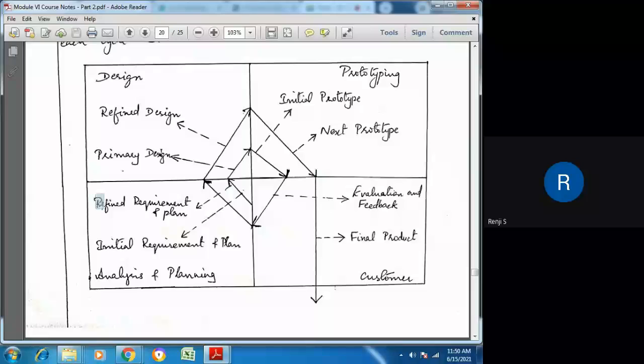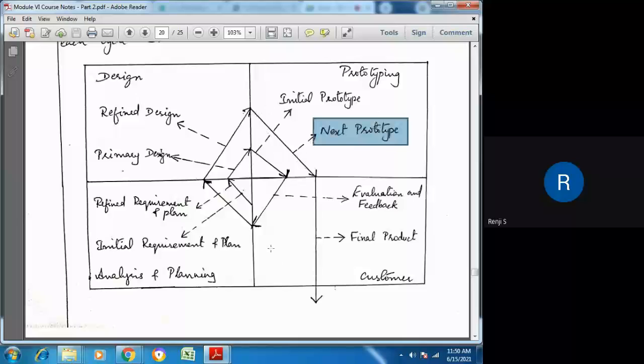After refined requirements and plan, it goes to the next quadrant, and that is refined design. So the next loop is refining the initial part. First is refined requirements and plan, then in the second quadrant it goes to refined design. Then in the third quadrant, this arrow goes for this particular line only, and the third phase is building the next prototype.